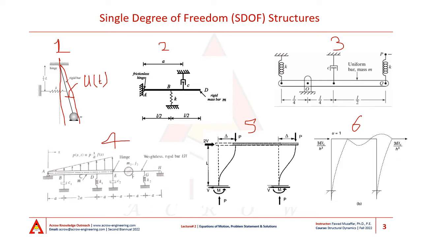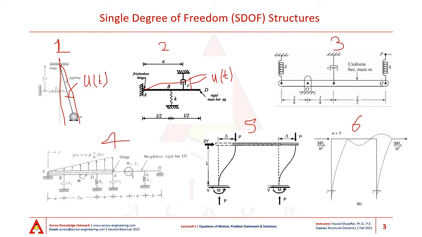The rigid bar is connected to the support through a frictionless hinge, is supported by a spring at B, and a dashpot is connected to the rigid bar at C. So again, all I need to know is the position of only one of the points on this rigid bar with respect to the undeformed shape of the bar to completely define the deformed configuration of this beam.